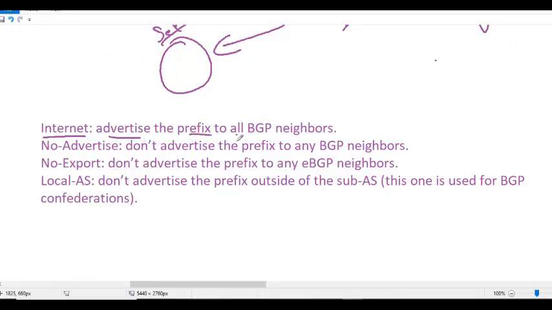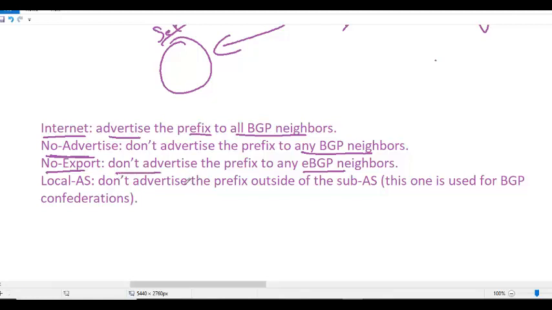When you say no advertise, it does not advertise the prefix to any BGP neighbor. That's another community. If you say no export, it won't send only to eBGP; to iBGP it will send. Local AS does not advertise the prefix outside the sub-autonomous system. We just learned confederation configuration.